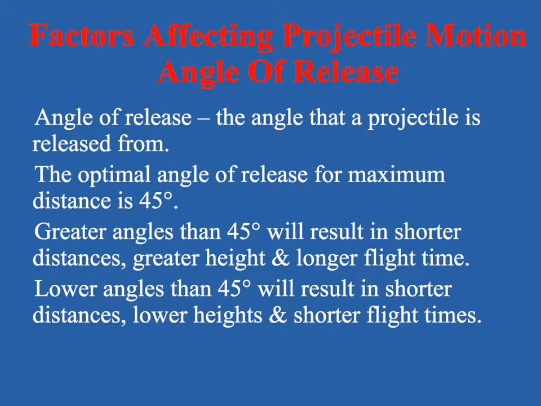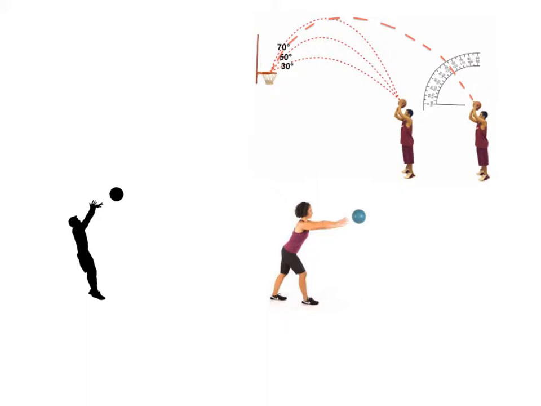A volleyball spike and a volleyball serve are other skills that have angles less than 45 degrees, because they're all downward movements.